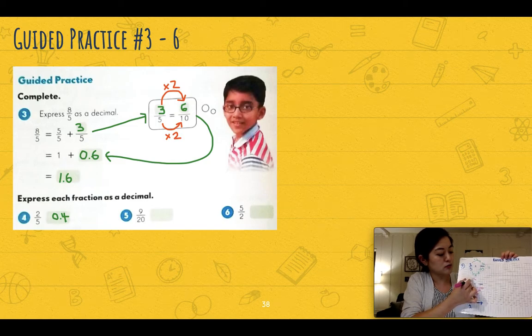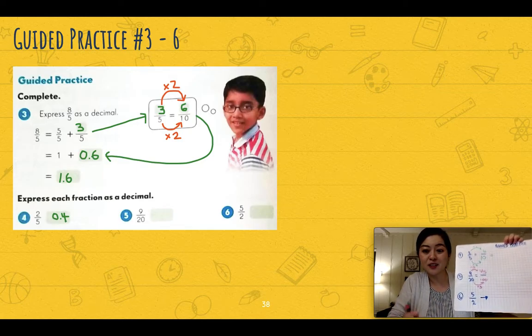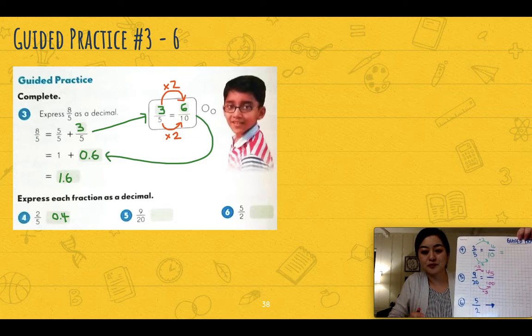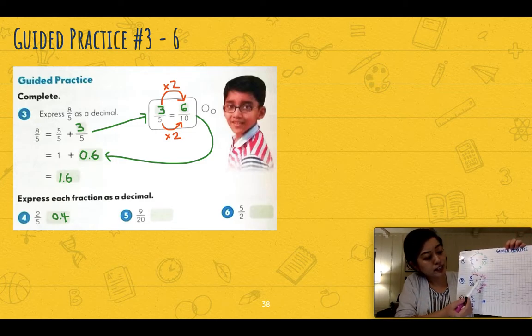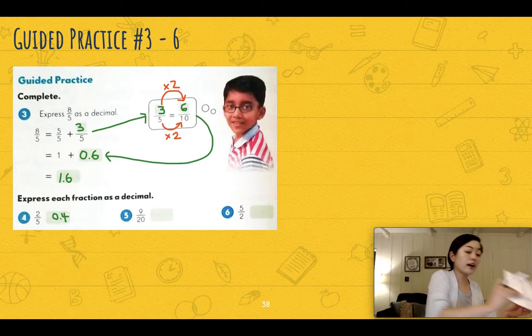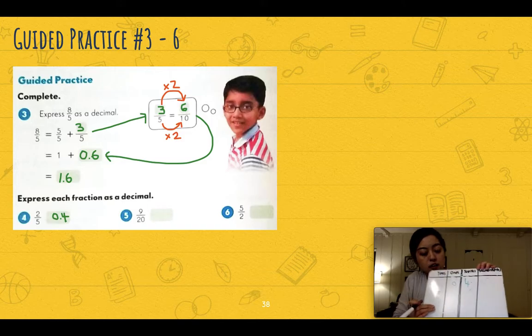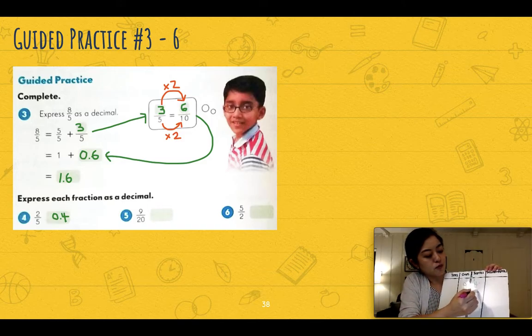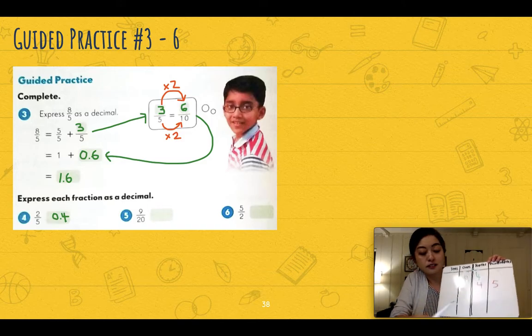Whatever I do to my denominator, I have to do to my numerator. So 9 times 5 is 45. Okay. And so now my fraction is 45 hundredths. How do I write that in my place value chart? Okay, well, I'm going to write 45 hundredths like this.